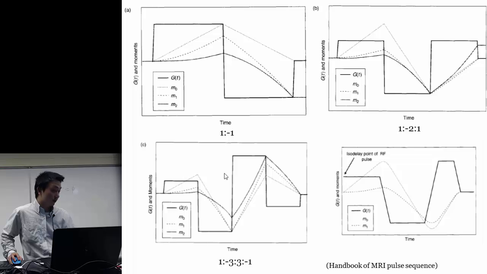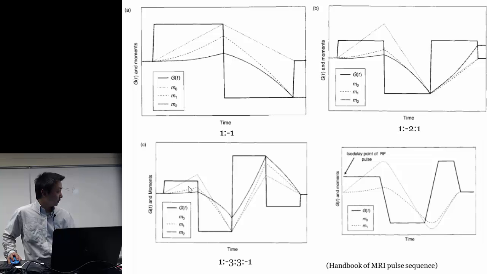To compensate the effect of acceleration, we need more gradient lobes and more sophisticated lobes. So this is the 1, minus 3, 3, minus 1 playout.